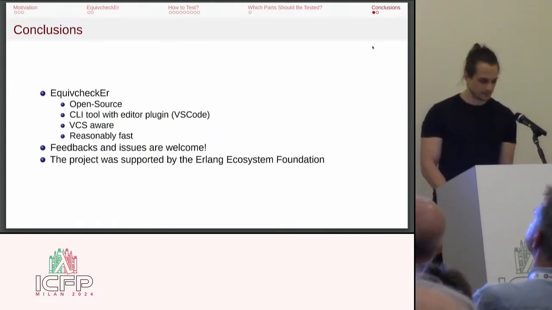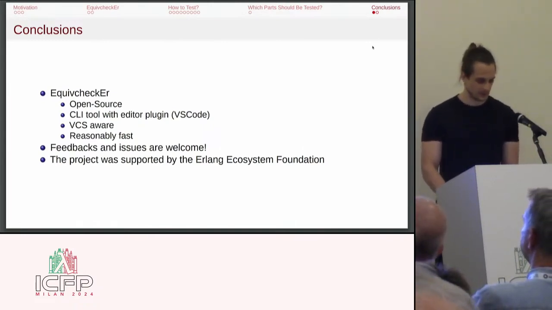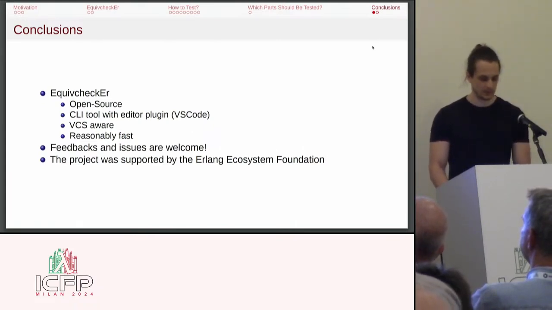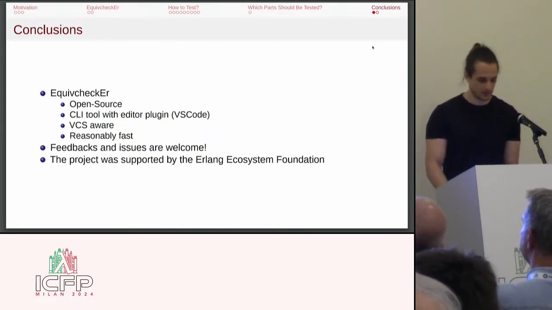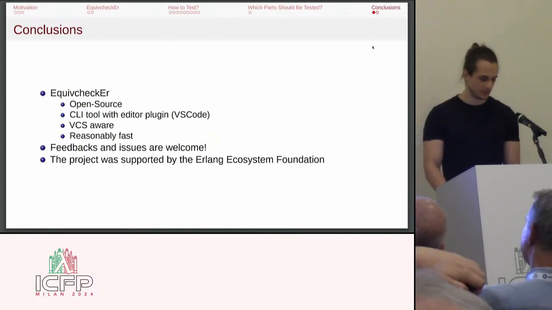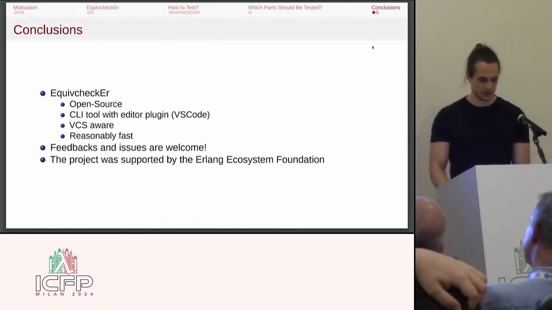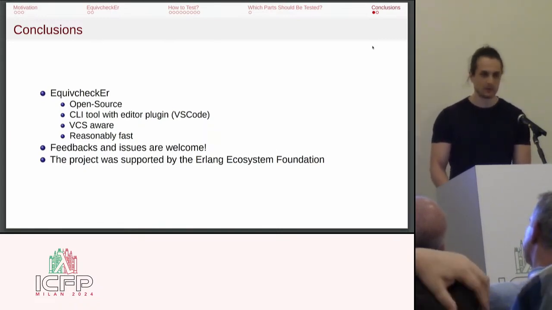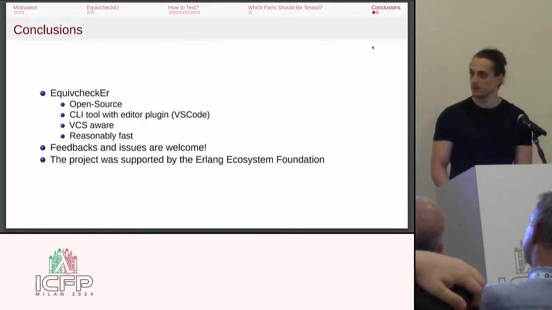To conclude, we've made EquivcheckEr, a tool for testing the correctness of refactorings. It's an open source tool, and you can find the source on GitHub. It's a command line tool, but we also have a prototype editor plugin for Visual Studio Code that we are planning to release in the future.